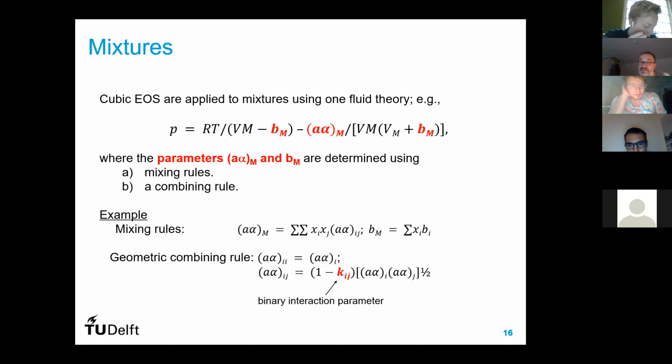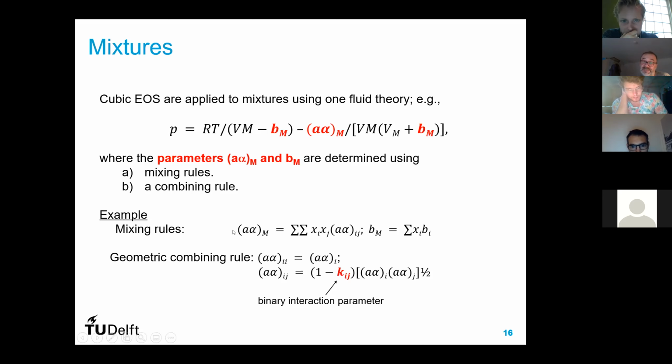And actually, you need to apply two rules, one called the mixing rule and another called the combining rule. So if you know the concentrations of the components in a phase, the equation of state is estimating your volume for the phase. So if you have, for example, a three-phase mixture, you need to solve the equation of state 3 times to estimate the Z factor or V for each of these 3 states.